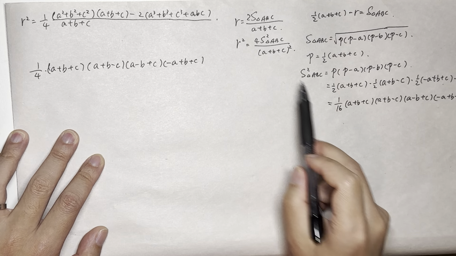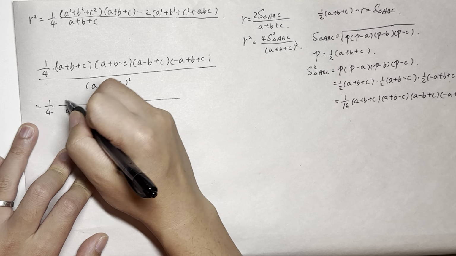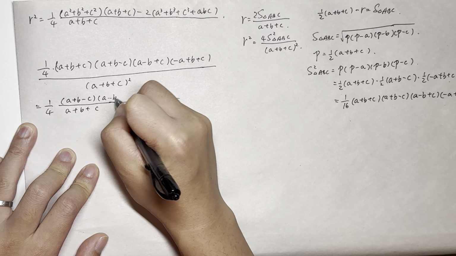That is 4s squared, and then divided by (a plus b plus c) squared, right? So r squared equals 1/4 times, and on top of it would be (a plus b minus c)(a minus b plus c)(minus a plus b plus c), right?